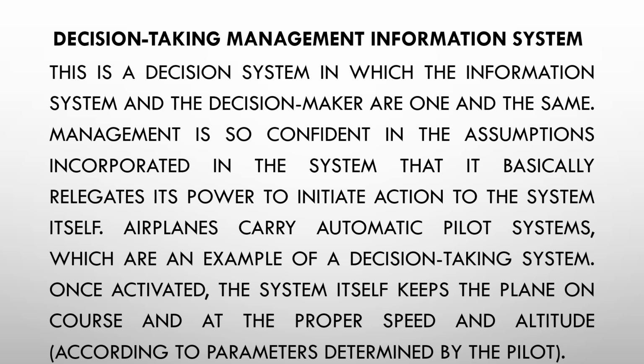And the pilot trusts that MIS to the extent that he believes it cannot make mistakes. So both of them work hand in hand, but in most cases, the decision is left for the MIS to take, because it has already been given the authority to do it.